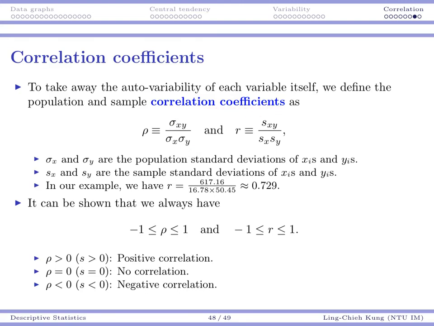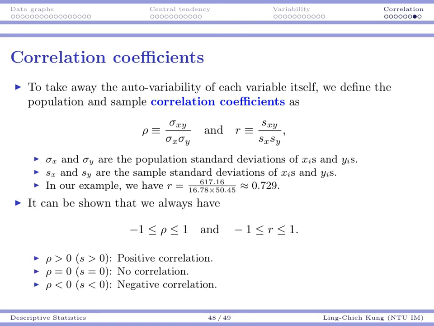A great property of correlation coefficients is that they will always be within -1 and 1, no matter whether it's a population or sample correlation coefficient. This is a very good property because now we are able to say if this number is close to 1, it's highly positively correlated. The relationship is just strong.